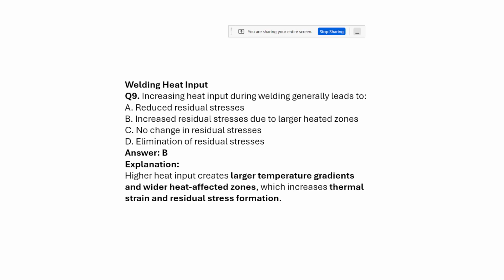Once we increase the heat input, the thermal gradient will also increase. If the thermal gradient increases, the contraction and expansion will be much higher. That results in higher residual stresses. Higher heat input creates larger thermal gradients, which widens the heat affected zones, which increases the thermal strain and residual stresses.